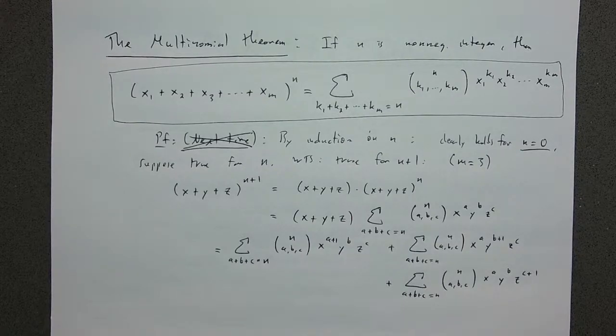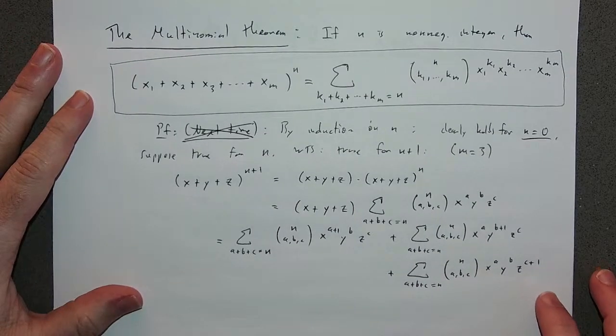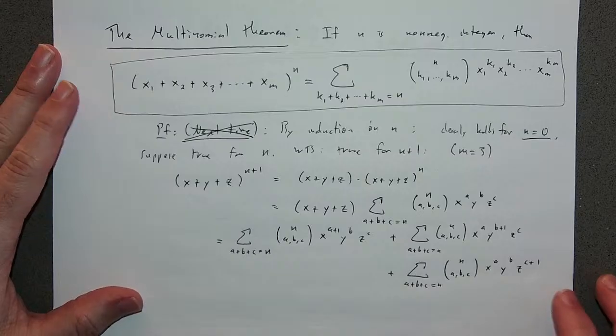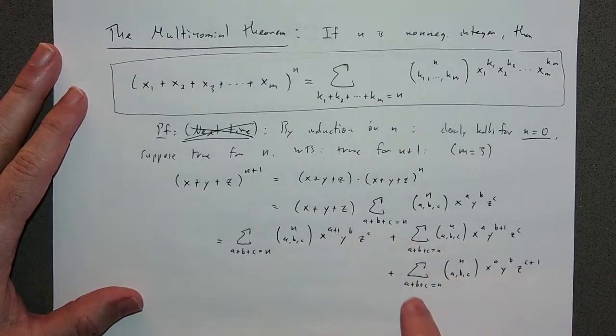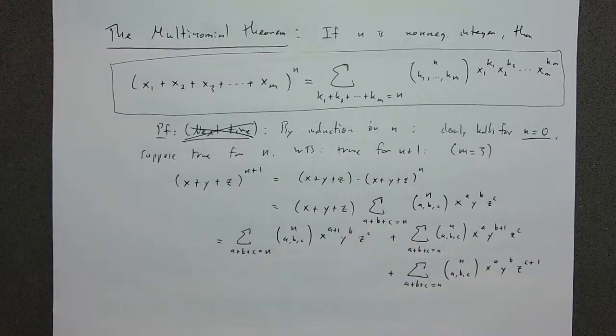Okay. And so the idea here is the same that we had for the binomial case. Through reindexing here, I can rewrite these as follows.